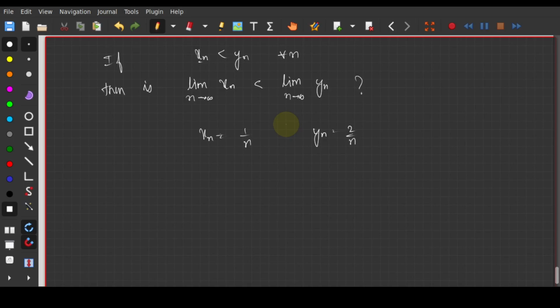The limit of yn as n tends to infinity is also 0. That is equal. What if we make it less than or equal to? Then this is true, as long as the limits exist.